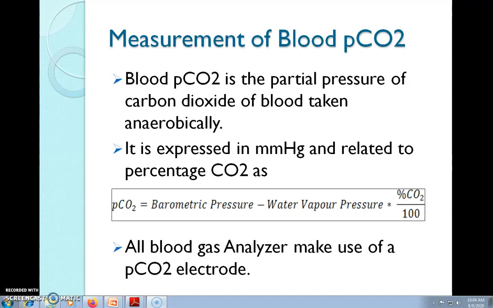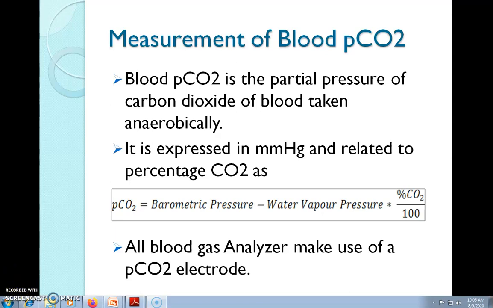Next we discuss the measurement of blood PCO2. Blood PCO2 is the partial pressure of carbon dioxide of blood taken anaerobically. It is expressed in mmHg and is related to the percentage CO2. As per the formula, PCO2 equals barometric pressure minus water vapor pressure, times percentage CO2 divided by 100. At 37 degrees Celsius, the water vapor pressure is 47 mmHg.